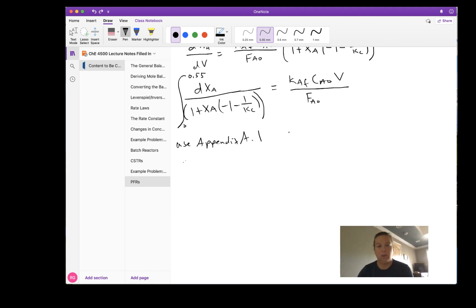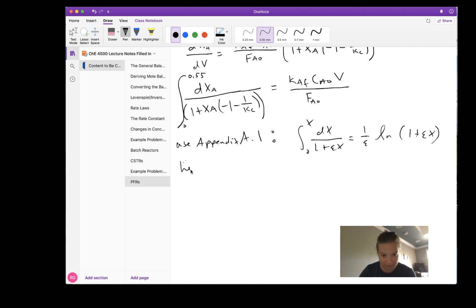A1. In appendix A1, there is a definite integral formula that says the integral between 0 and some value x of dx divided by 1 plus epsilon x is equal to 1 divided by epsilon times the natural log of 1 plus epsilon x.